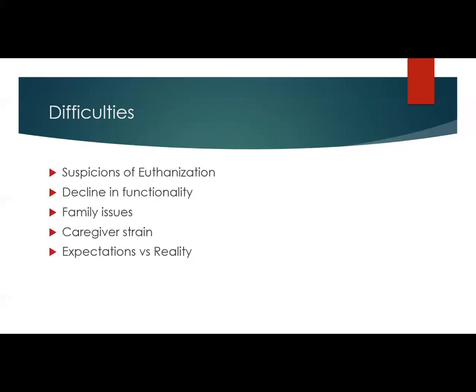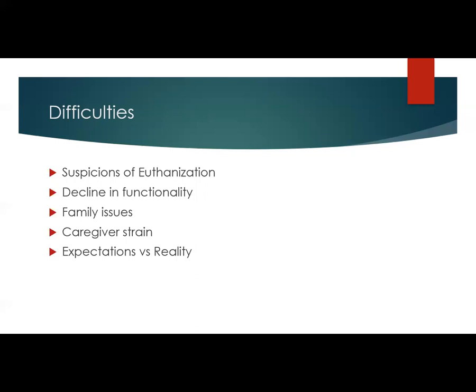Okay, sorry. Okay, so some of the difficulties that you might come across is suspicion of euthanasia. So making sure that the family understands why you're giving the medications you give, that they don't assume that if you're giving them morphine, it's going to result in that. Decline in functionality. As the patient gets progressively worse, it's harder for them to do things. Family issues.